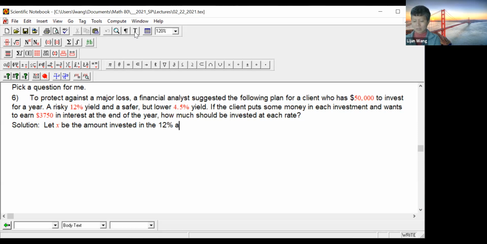Then you can say 50,000 minus X is the amount invested in the 4.5% account.